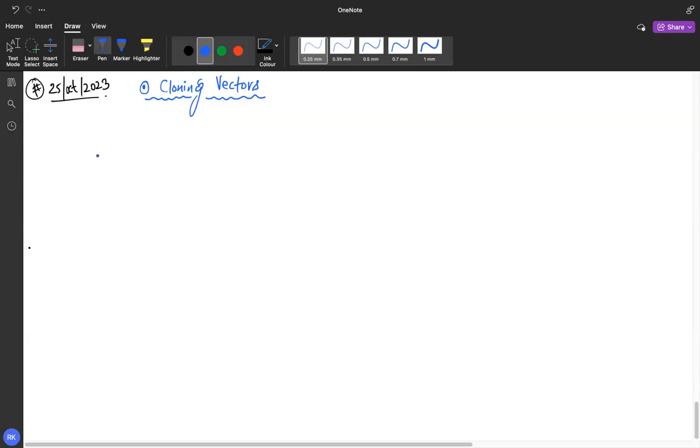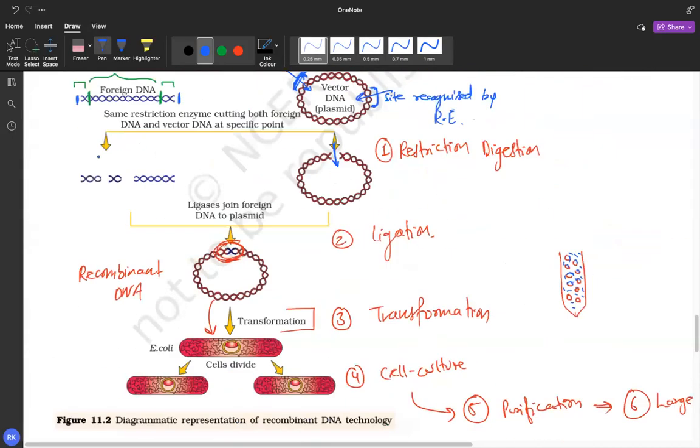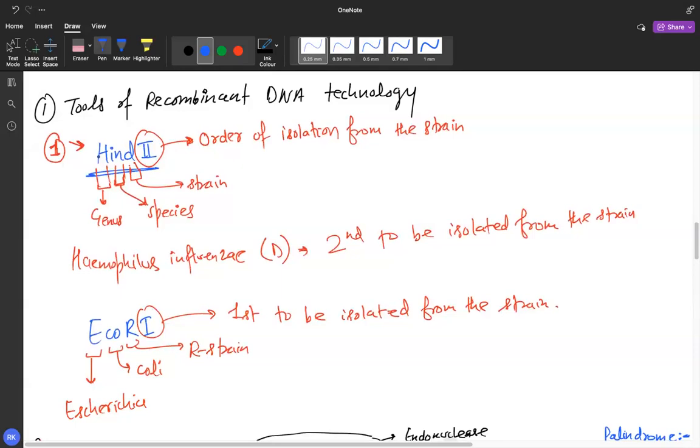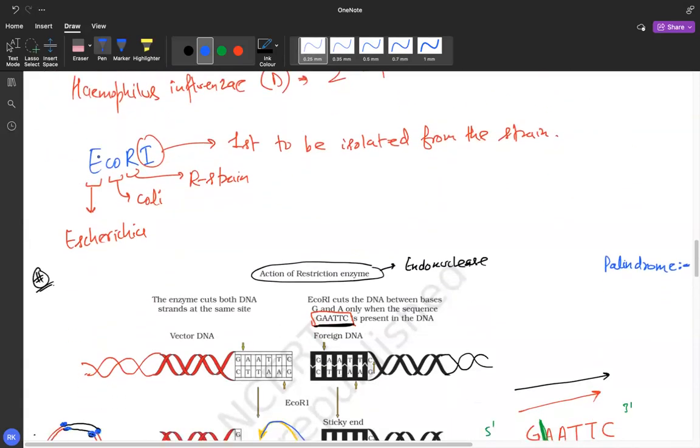So in the last class, where we left off, what all things did we learn? We started from here. We learned about restriction endonucleases.